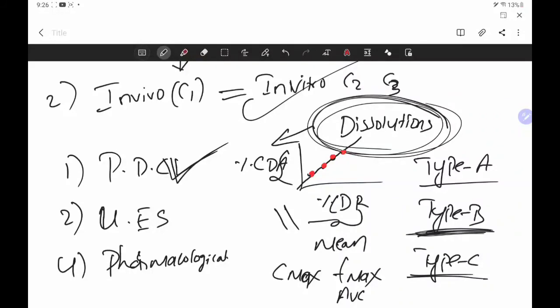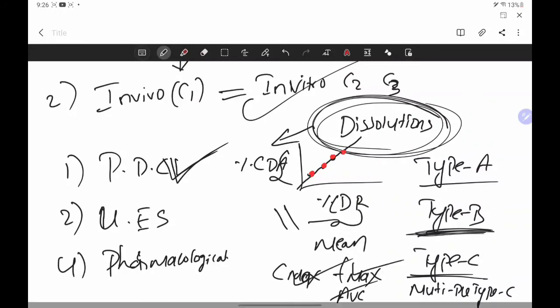If you want to go for multiple points, we have multiple type C. So you can correlate at multiple points. Just take Cmax, Tmax as well as AUC and correlate. Cmax in vitro compared with Cmax in vivo, that is your multiple point correlation type.